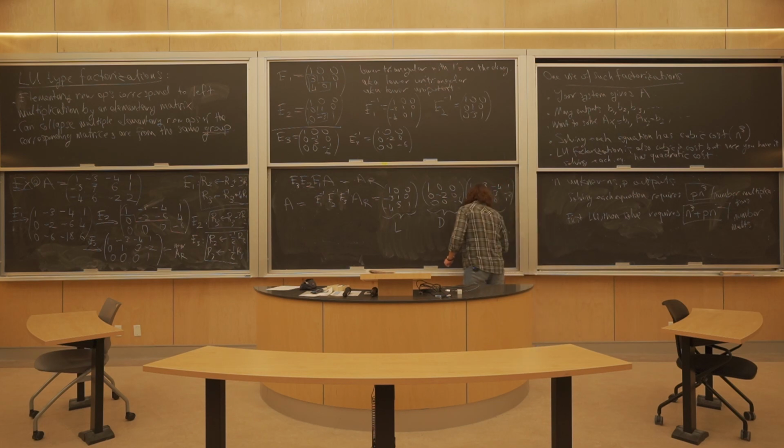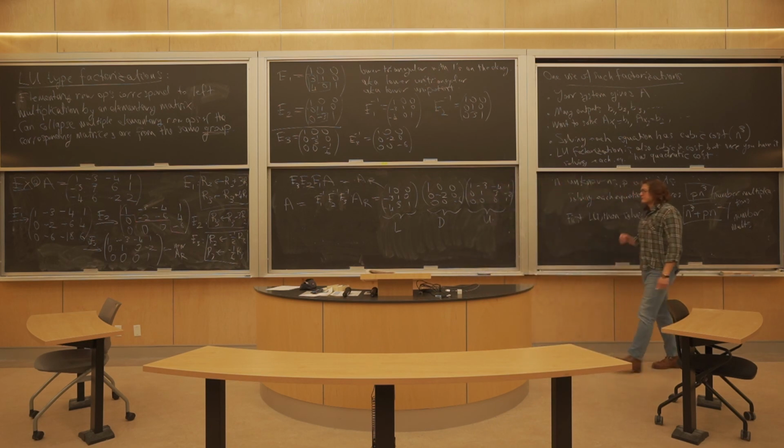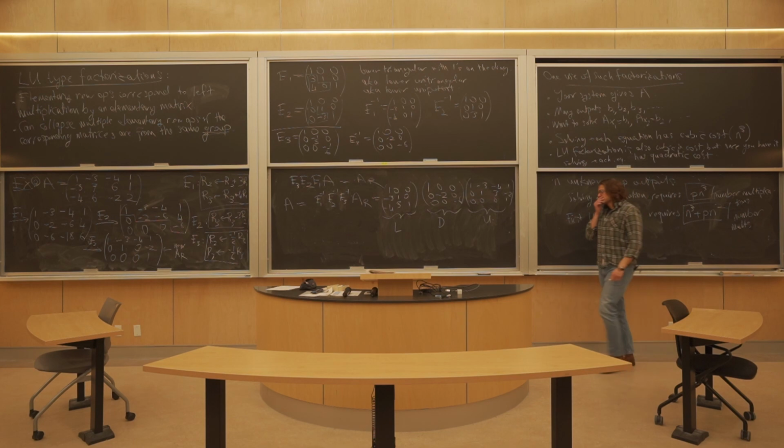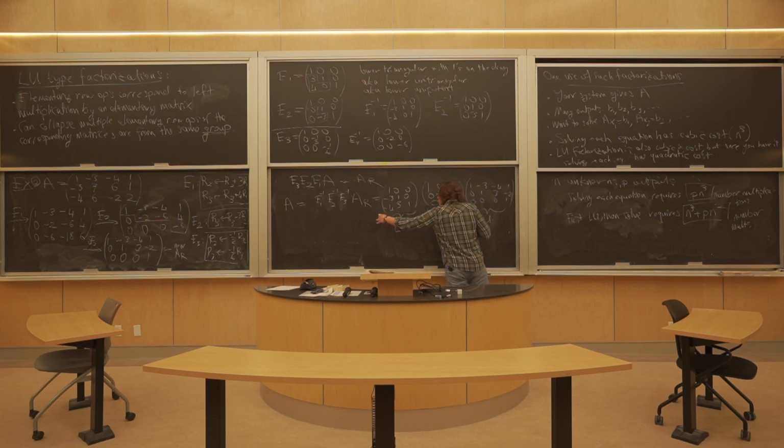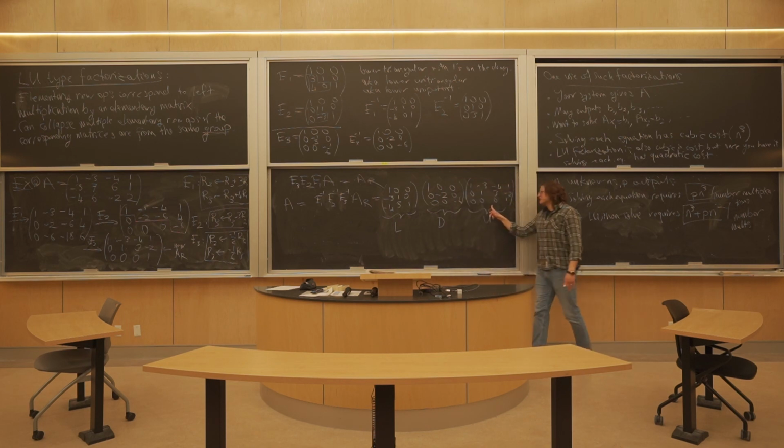Maybe I should write it like this. And so from this perspective, this is not really that useful, but I still do think that this is somewhat illuminating, because now I can think of these two as front end, and this as the back end.